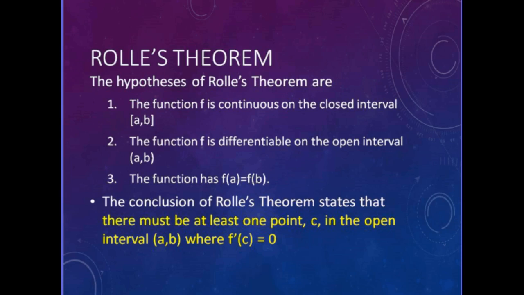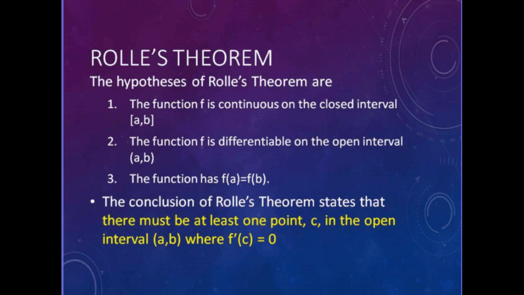Differentiability at an endpoint, we can't really take a derivative at an endpoint because we don't know what's happening from the left or from the right, depending on which endpoint you're looking at. So continuity is on the closed interval including the endpoints. Differentiability is on the open interval.